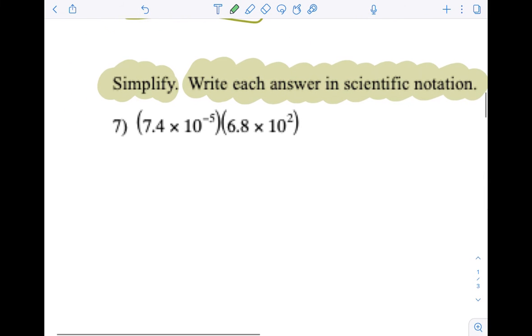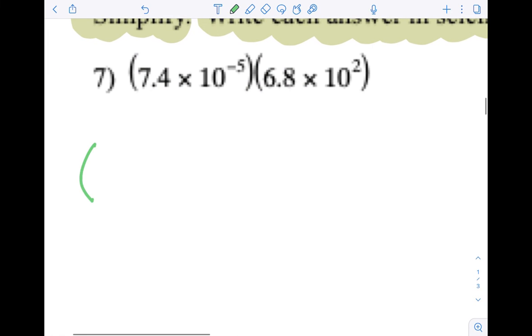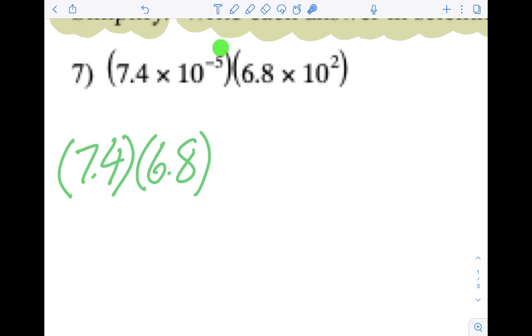So we are multiplying here, right? First parentheses times second parentheses. We're multiplying 2 scientific notations. So I'm going to first multiply regular number times regular number. So I'm going to say 7.4 times 6.8. Then I'm going to multiply tens and tens together.